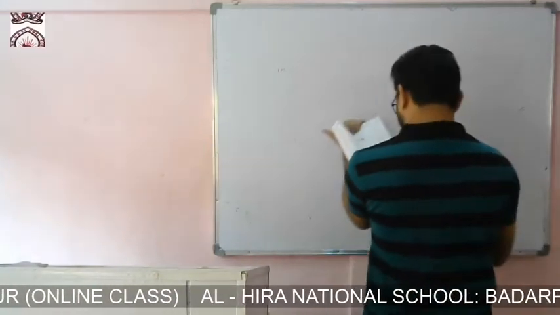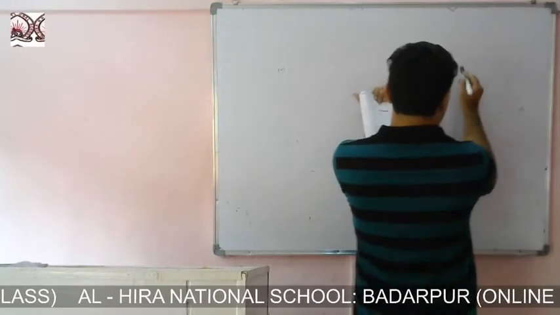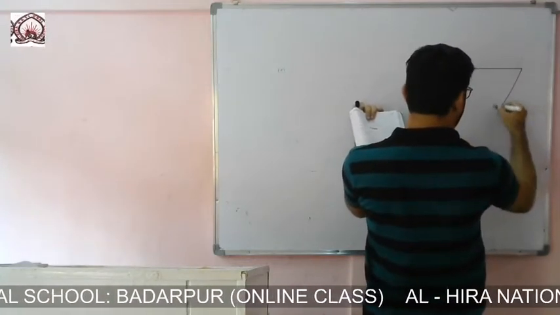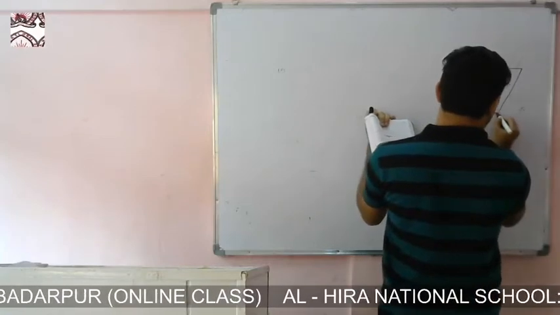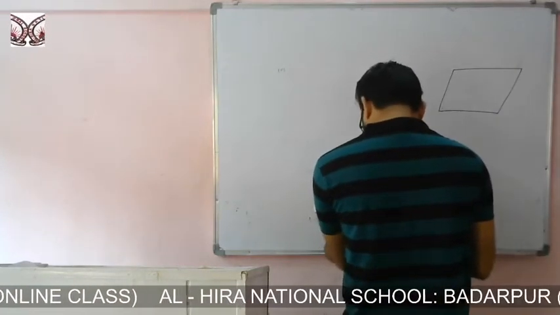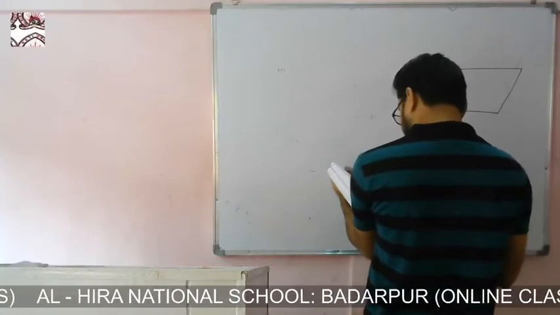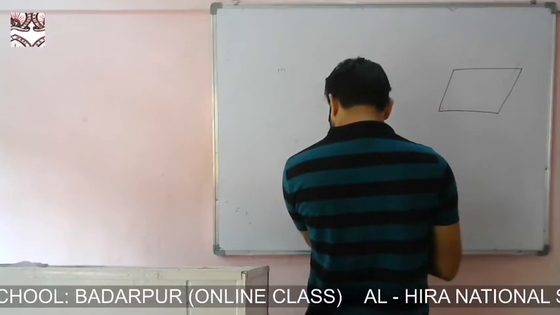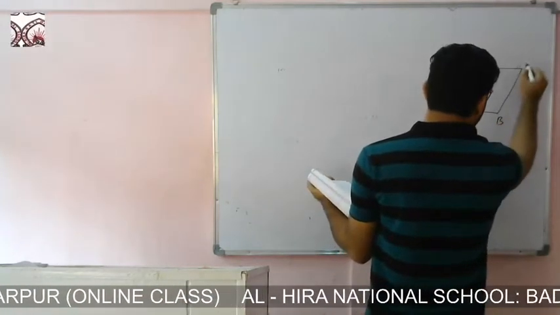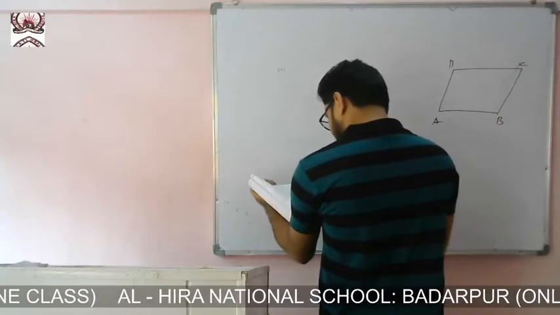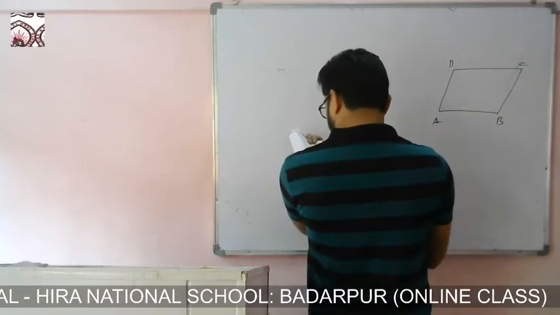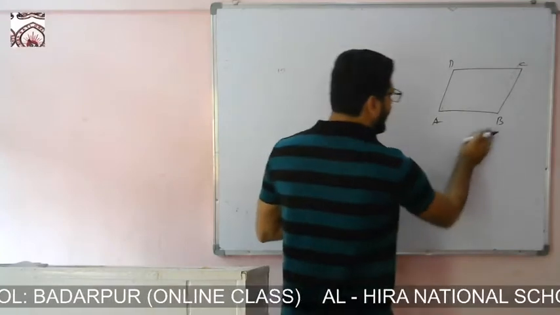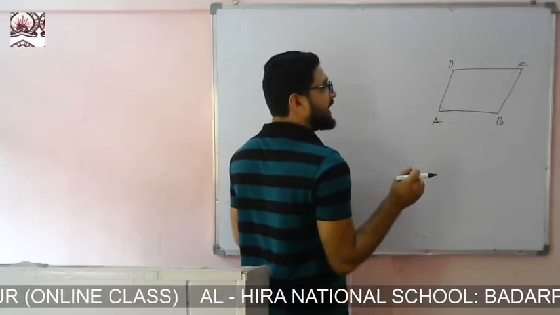So first you see ABCD. The ratio of the two adjacent sides of a parallelogram is 2:3. Whenever we get a ratio, we take it with x.